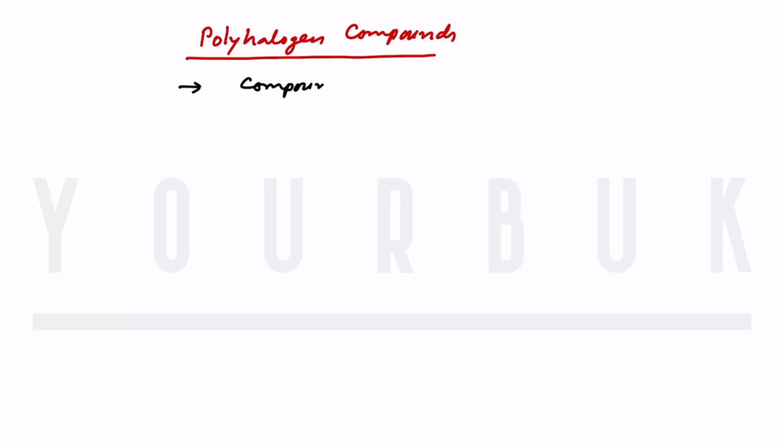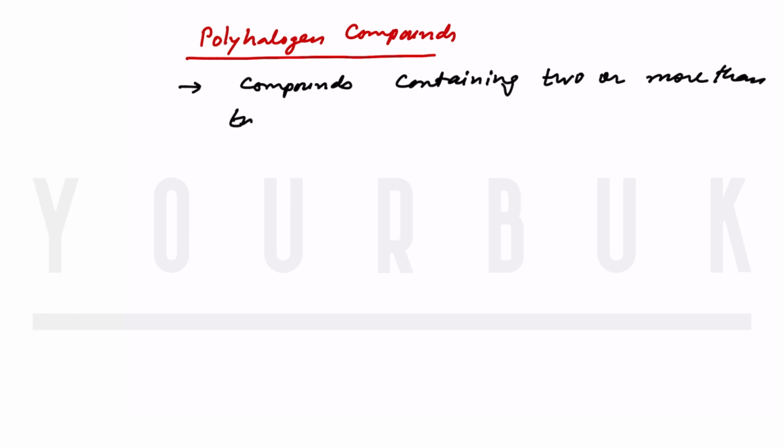About the polyhalogen compounds. Important polyhalogen compounds. Polyhalogen compounds means the compounds containing two or more than two halogens.